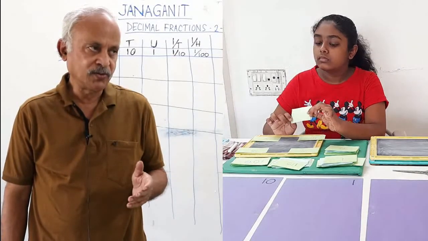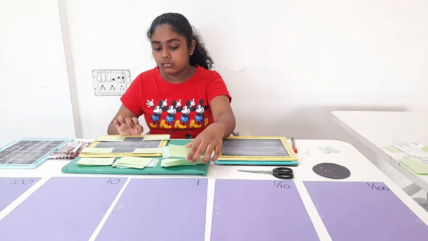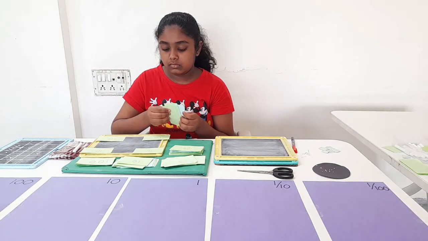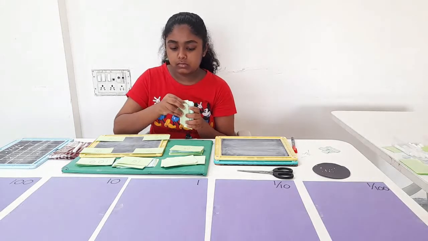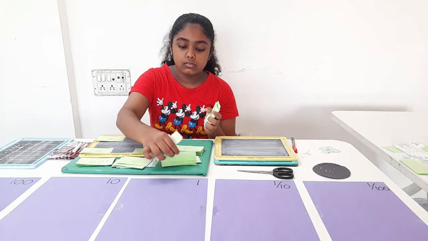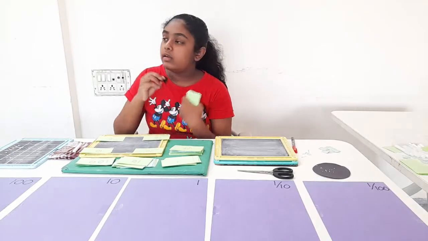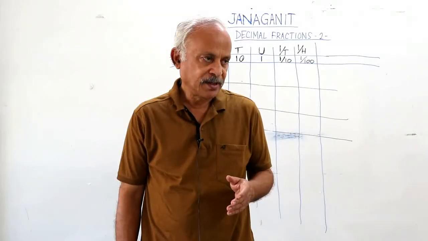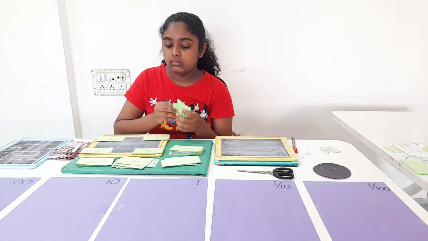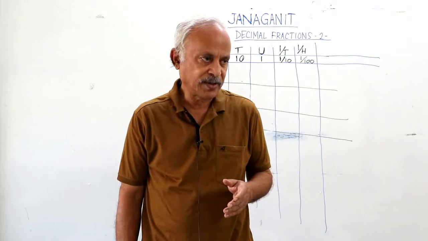So what will you do? How much is that in your hands? 10. 10 rupees. And what have you done? I divide 10 among 4 people. Okay, do that.